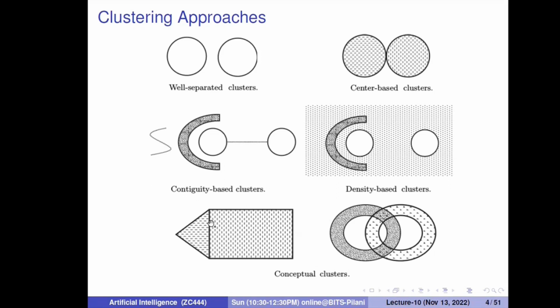Everything is connected, but conceptual clustering can divide these things in this way. Here is another very interesting idea that I wanted to discuss earlier also: there are two rings. The items in one ring can be said to be of type 1, the items in the second ring can be said to be of type 2, but you can see that there is also a little overlap. So the items in the overlap have membership of both the rings.